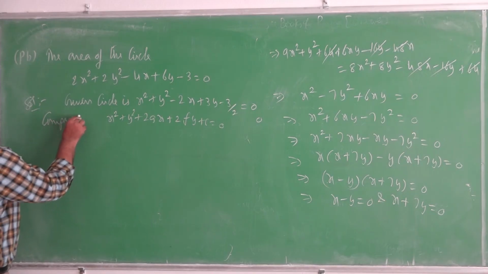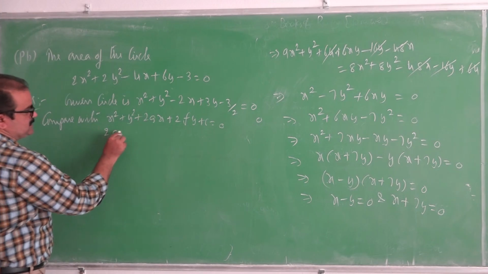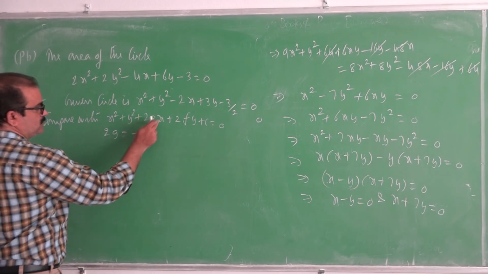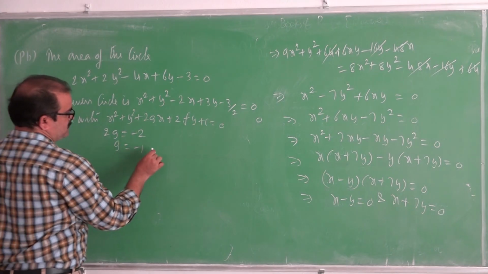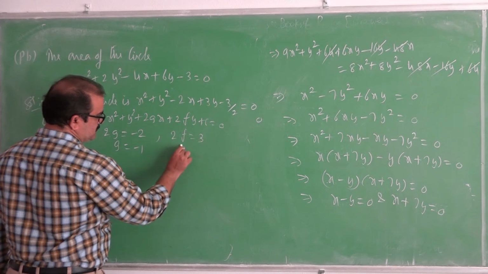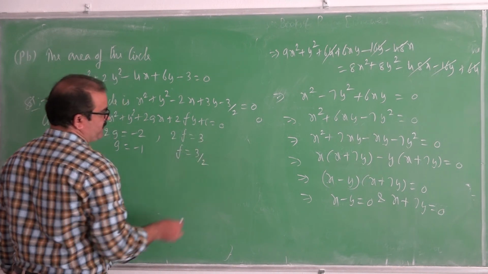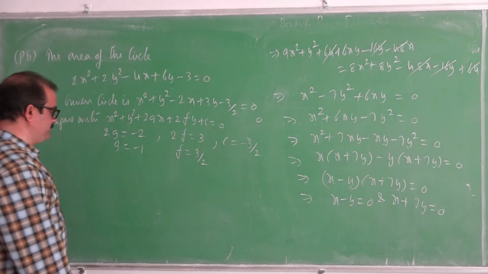Compare: 2g is equal to minus 2, comparing x coefficients, so g is equal to minus 1. Comparing y coefficients, 2f is equal to 3, so f is equal to 3 by 2. Constant term c is minus 3 by 2.